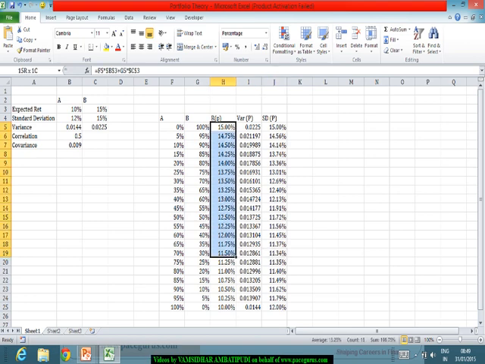Whereas if I look at the return, it is purely in a decreasing form only. Whereas the standard deviation has gone down up to a certain extent, and after that again it has picked up. So there is some particular combination which will give me the minimum variance. In this case, probably 70-30 is that particular combination.